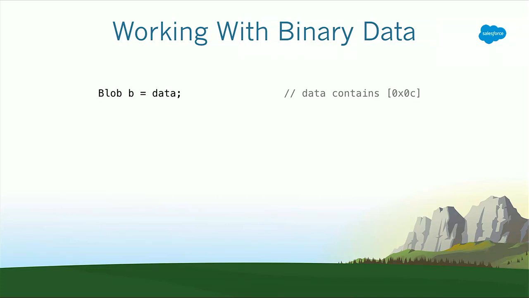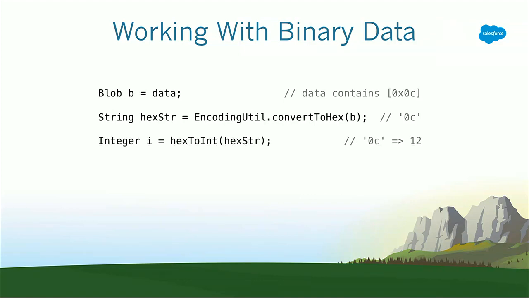So for example, let's say we have the number 12 and it's binary data, so it's a byte, and you need to add 2 to it. The first thing that you do, you store it in a blob, then you convert it into hex. So now you have a hex string. This is not actual hex, this is actually ASCII. What you do then is convert the hex string into an integer.